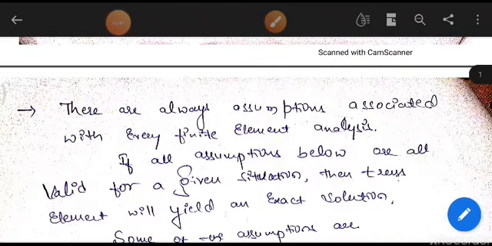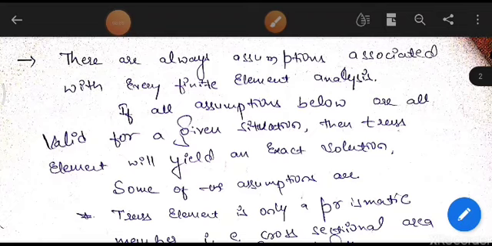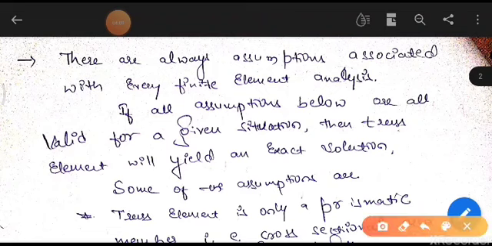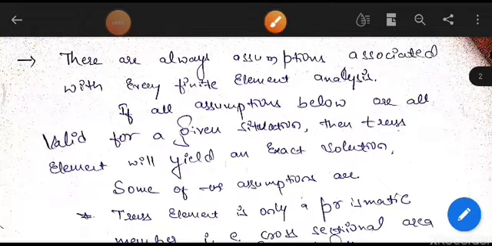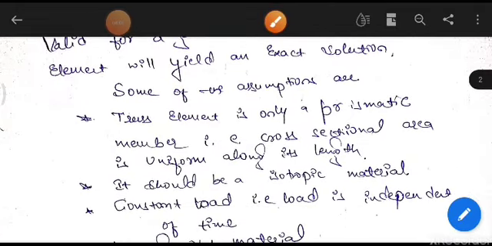There are always assumptions associated with every finite element analysis. If all the assumptions below are valid for a given situation, then the truss element will yield an exact solution. So there is a set of assumptions we need to make before we proceed with the problem.